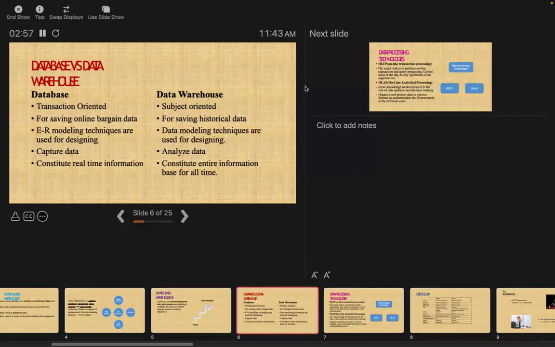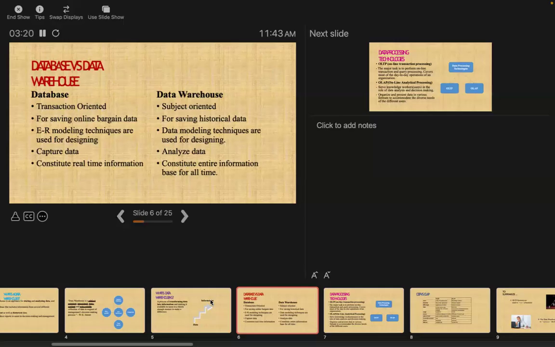Now, in this table, you can see clearly, we'll discuss from the first point. The first one is that in the case of a database, it is transaction oriented. Transaction means what? We have inserted some data, that is a kind of transaction, right?